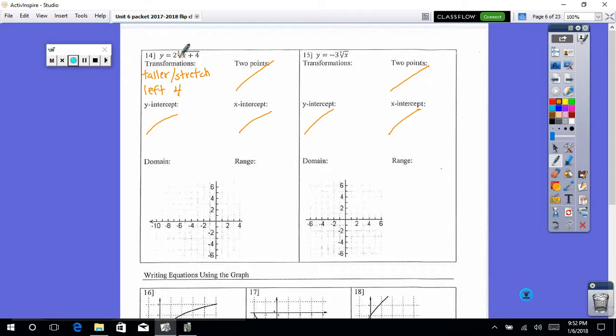Remember, we're still dealing with the cubed root. So I'm going to go left 4 units, and it becomes taller, so it looks something like this. Again, the good thing about cubed roots is domain and range are super easy, they never change.